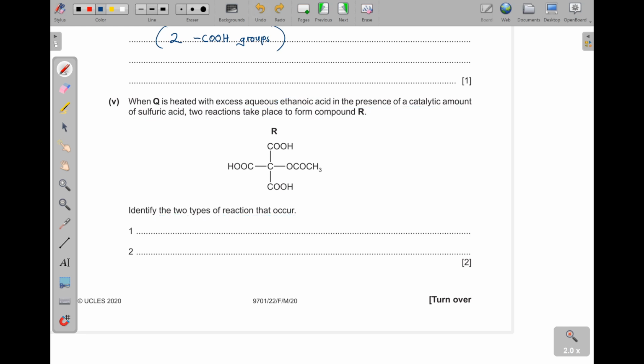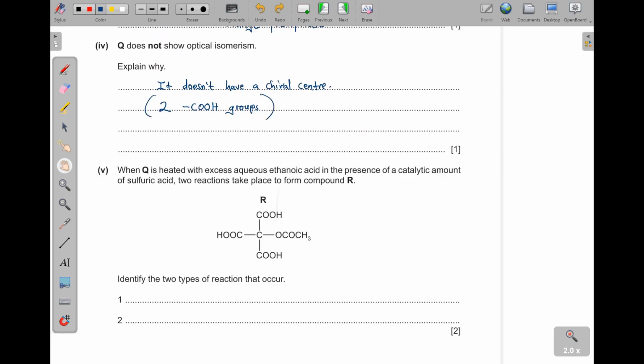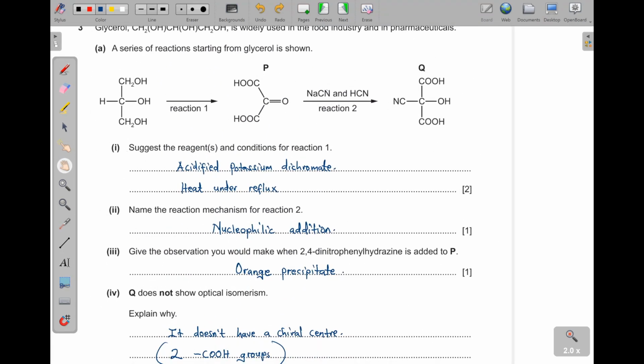Okay, now first of all here, we are heating with excess. Let's check out Q. Q, yes, it is here. We are using ethanoic acid, so it comes here. The ethanoic acid reacts with an alcohol, that is esterification. Okay, that is a condensation reaction because a water molecule is going to be lost.